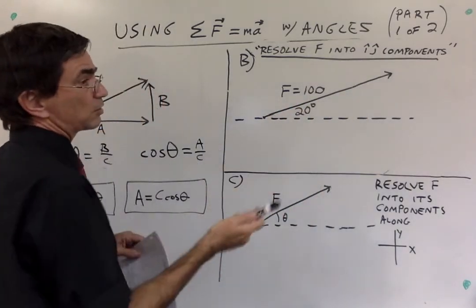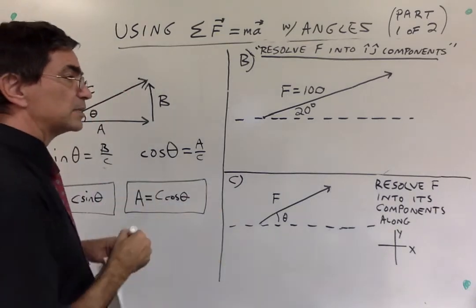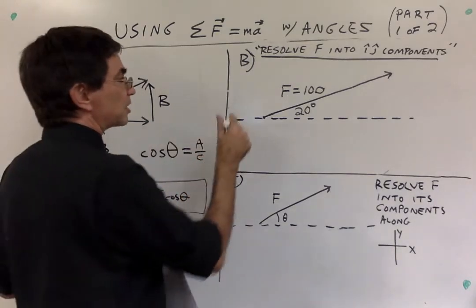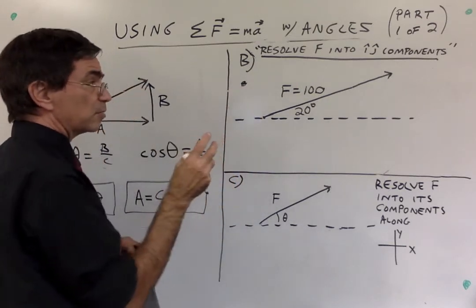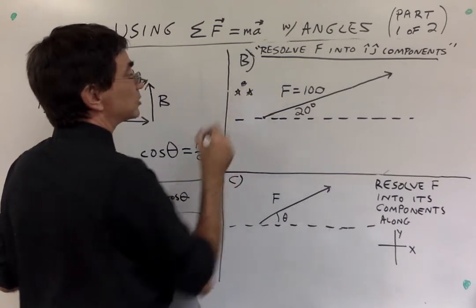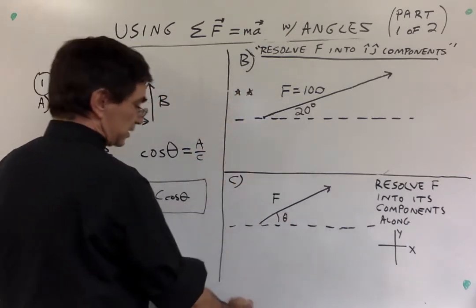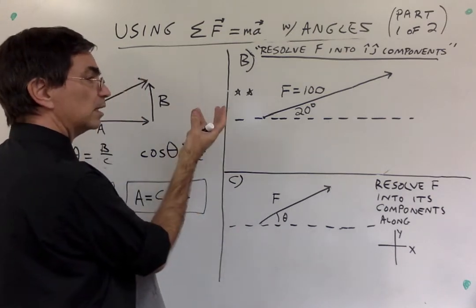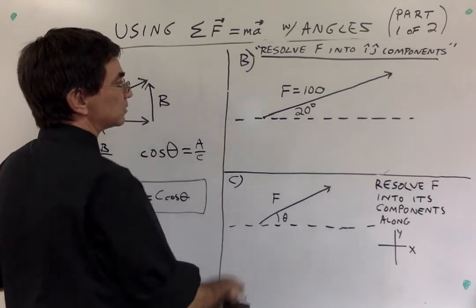Now, if you're into astronomy or optics, you've actually seen the word resolve this way to mean break up. If you're looking through a weak telescope and you see a blur, and you get a better telescope, it can resolve that blur so that you see it's actually 2 stars, not a single star. The telescope is resolving what it sees into the 2 stars, and we say the telescope has a stronger resolution.